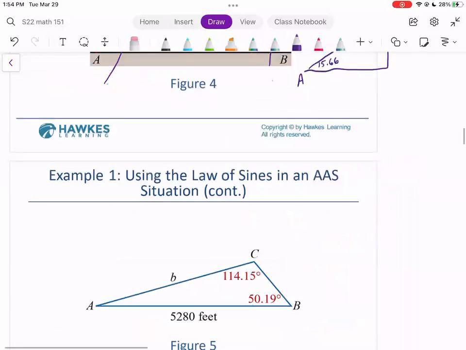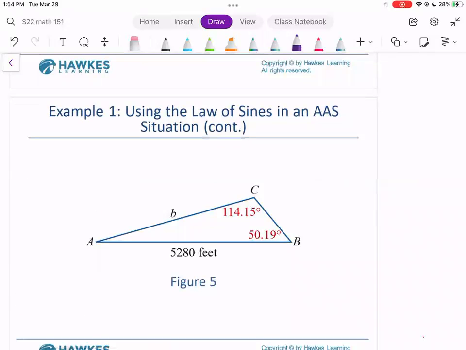If we turn this into just a triangle situation, notice that this length is 5,280 feet since it was a distance of 1 mile. And from this, we know two angles and one side.